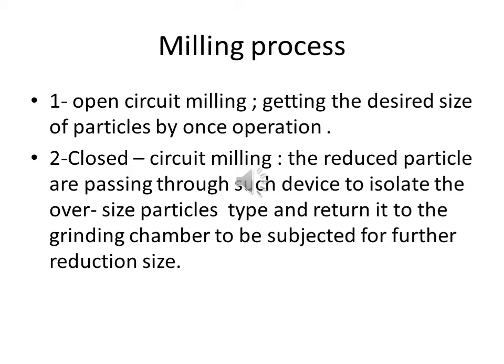The second type, closed circuit milling: the reduced particles are passed through a device to isolate the oversized particles and return them to the grinding chamber to be subjected to further size reduction.